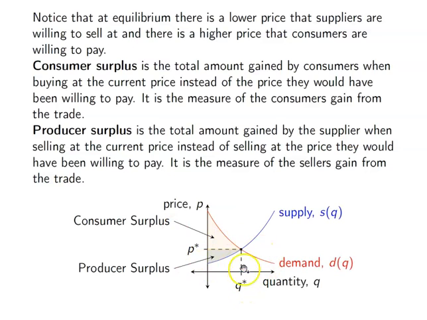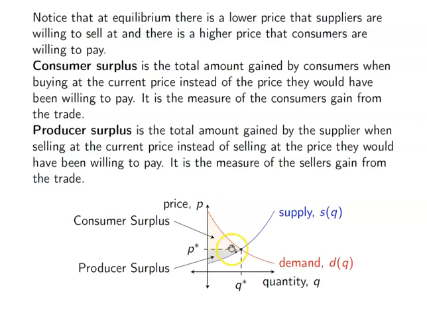So what does this look like in the graph? This is the equilibrium price. P star is the equilibrium price that we're both paying or receiving. So here, I would have been willing to pay this much, but I paid this much. So the area from P star and above, that's my surplus.